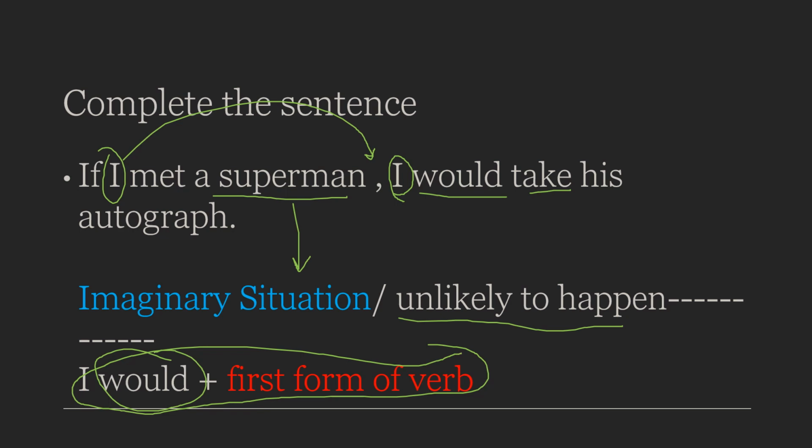First, when the condition is possible and the result is a universal truth, both parts will be in simple present tense. Second, if there is a condition and the result can happen or cannot happen, I am not saying imaginary or real, then one part is simple present and the next is future tense. Imaginary is only the third situation, where we have a different structure.